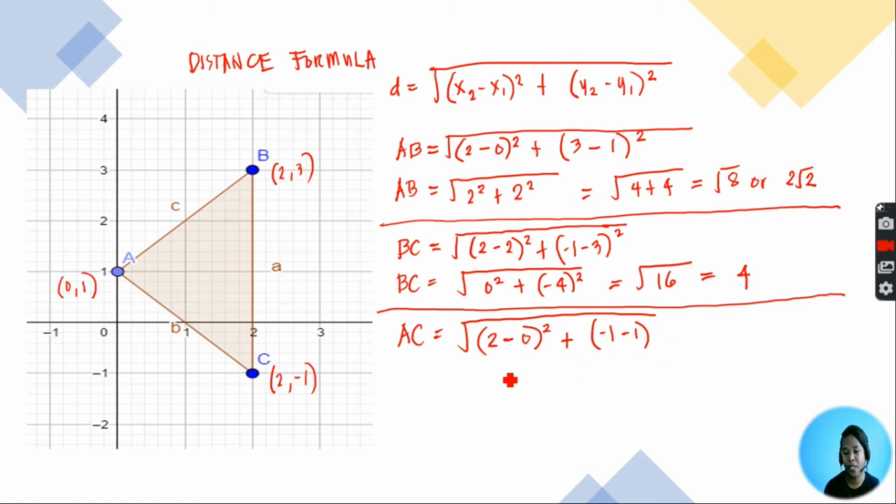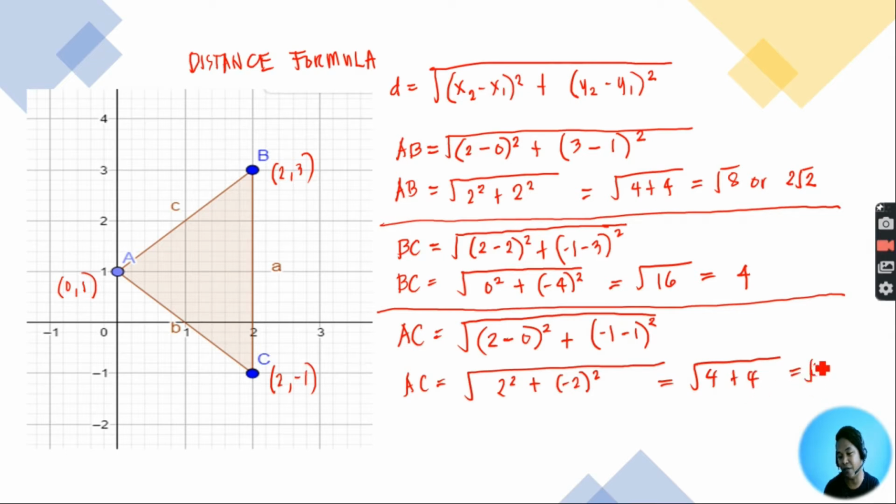So yan na po, squared po. So AC is equal to 2 squared plus -2 squared. So we have square root of 4 plus 4 is equal to square root of 8, or 2 square root of 2. So, AC is equal to 2 square root of 2.